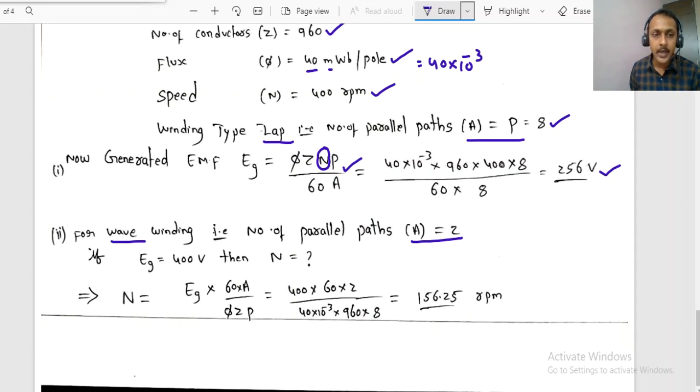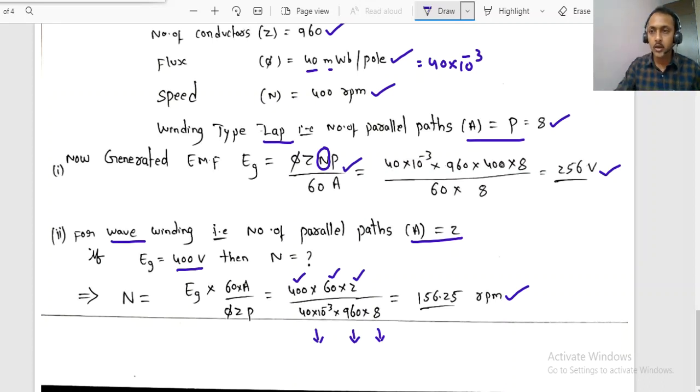Then obviously N equals EG into 60 into A divided by φZP. Therefore EG is 400 volts, 60 into number of parallel paths 2, divided by flux, the same 40 into 10 power minus 3. Conductors are not changed, the number of conductors is the same 960, and the number of poles is also the same 8. Therefore if you rotate the machine at 156.25 rpm, we are going to generate a voltage of 400 volts.